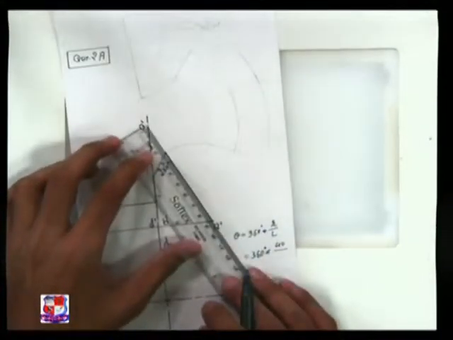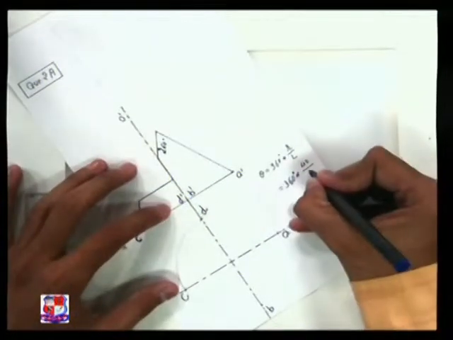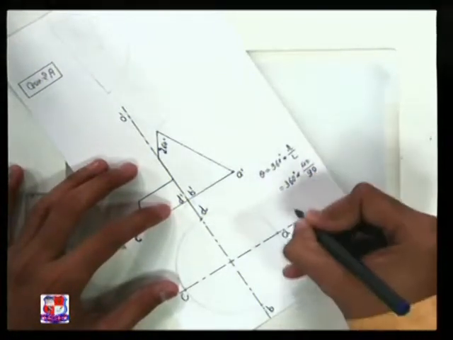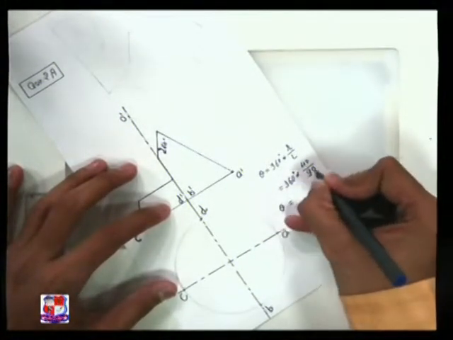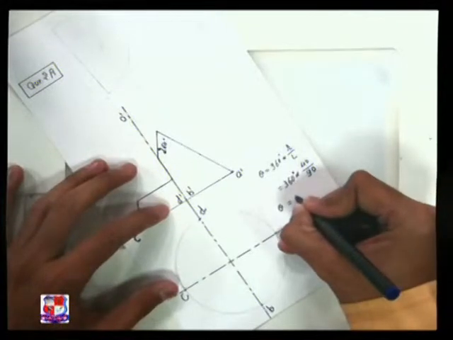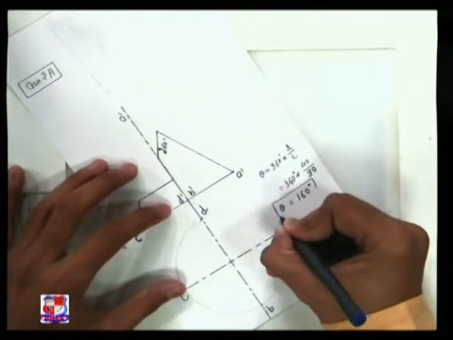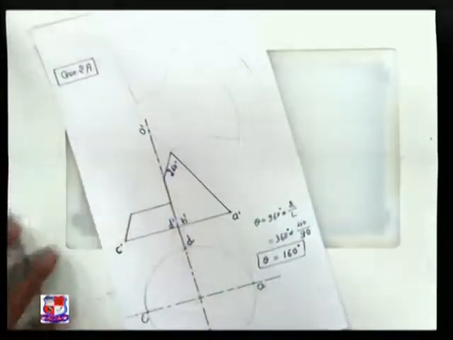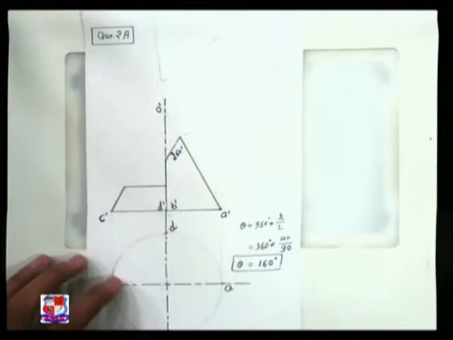We need to measure this length. In this diagram it comes out to be 90 mm. So mention here 90 mm, and angle theta comes out to be 360 into 40 upon 90, which is 160 degrees. So the angle theta which will be covered when you open this cone would be equal to 160 degrees.